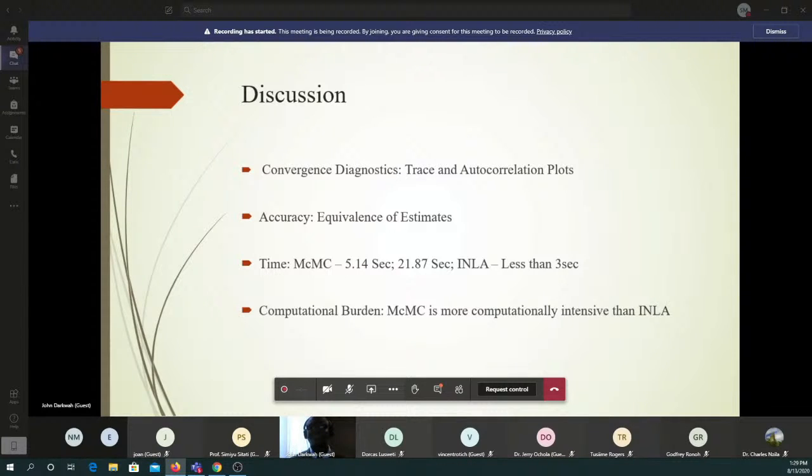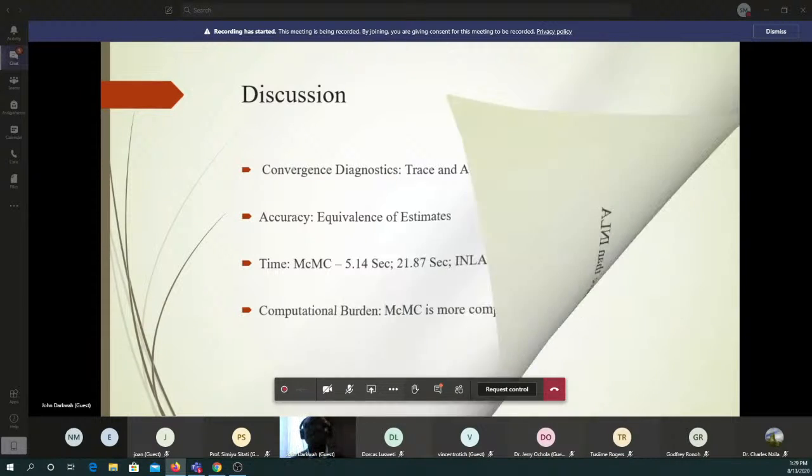And INLA was just a matter of identifying your response variable, your covariates, the data, and then applying the INLA function.